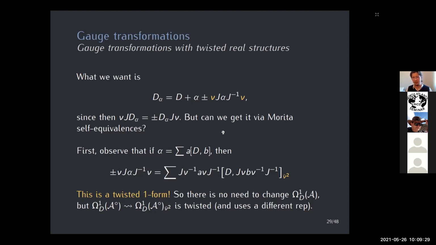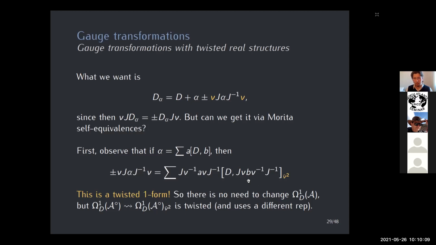Well, to answer that, the first thing we have to observe is that what I'll call a twisted opposite one form, which is a one form conjugated by J, sandwiched by nus, is really a twisted one form in the sense that the commutator with the Dirac operator is twisted by the automorphism coming from the twist operator. Slightly unusually, the opposite algebra element conjugated by J includes the twist. So we have these kind of unusual representations. But remember that this is an automorphism of the algebra, so we're still in JAJ, everything is fine.